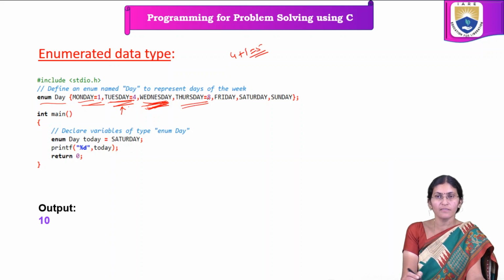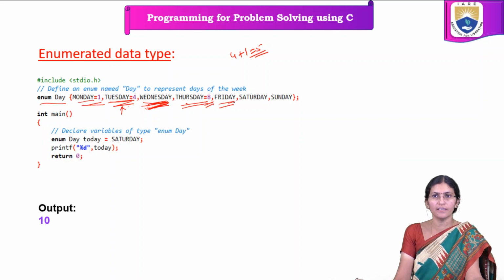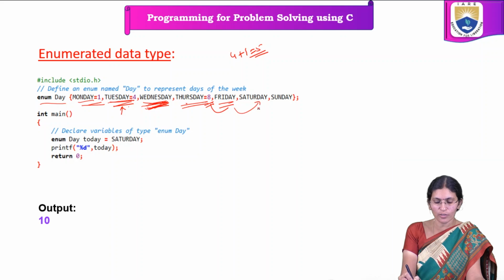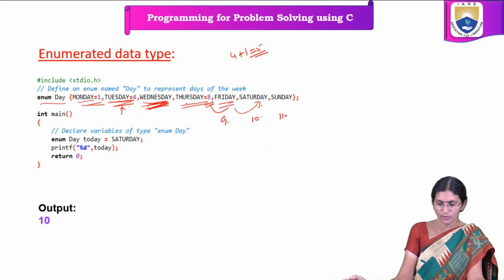Now here this name Thursday has a value of 8, whereas Friday is not assigned anything. Therefore it will have a value 9, because 8 plus 1 is 9. Next, this is not assigned any value, so this will have a value 10, and this will have a value 11.